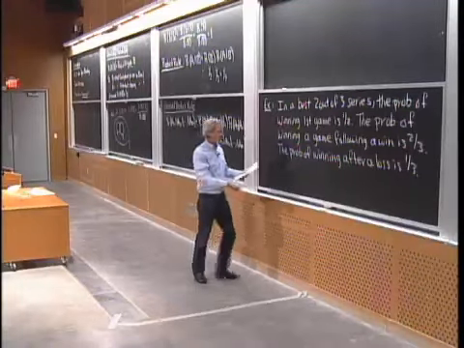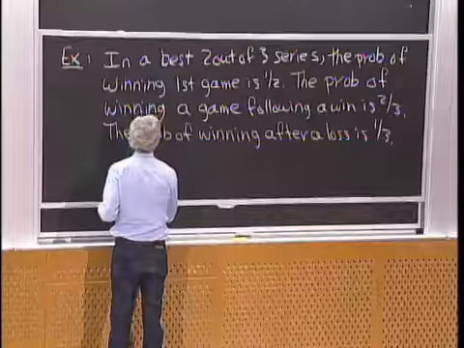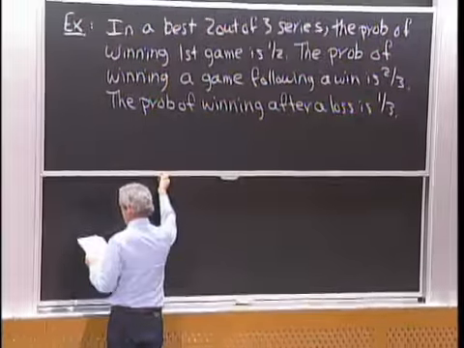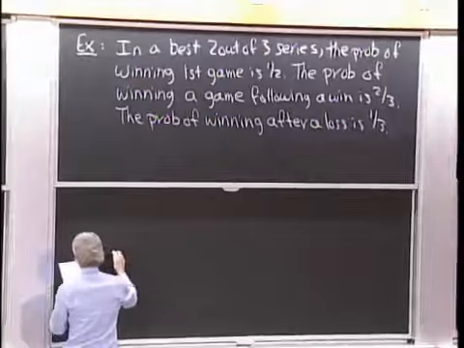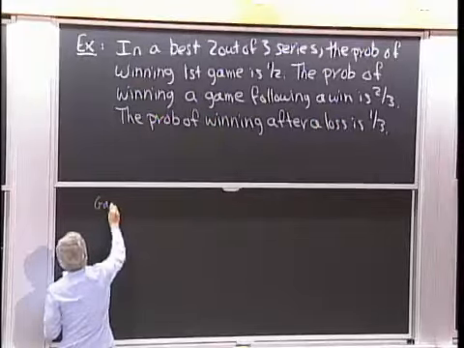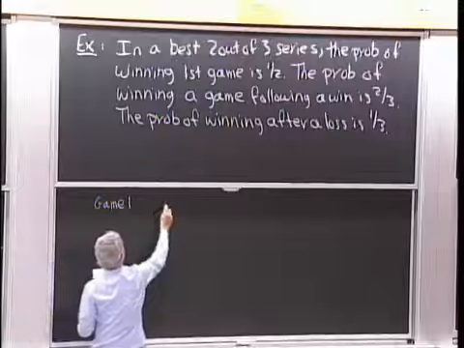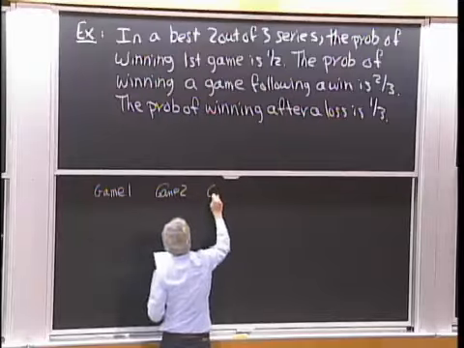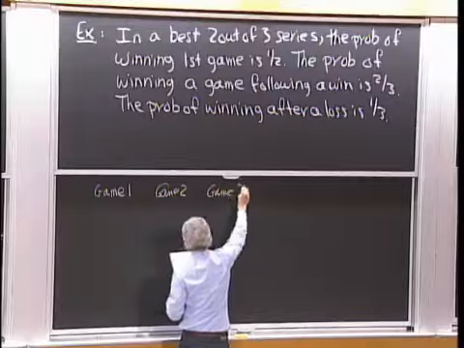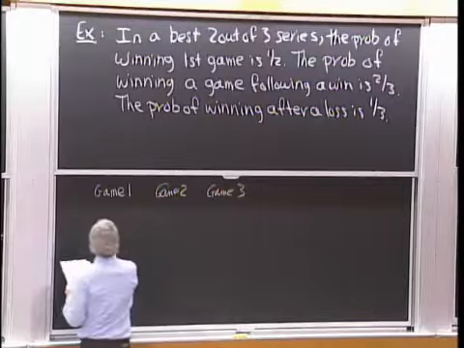All right, let's figure this out. It's easy to do, given the tree method. So let's make the tree for this. We have possibly 3 games. There's game 1, game 2, and game 3. Game 1 you can win or lose.